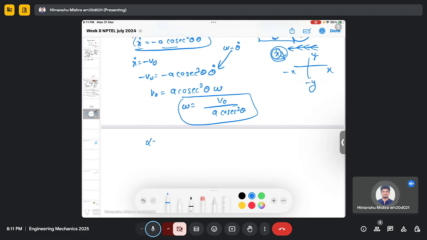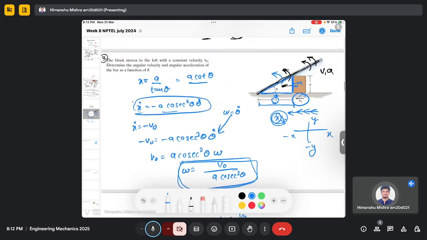Now my angular acceleration is theta double dot or omega dot. Basically if I take the time derivative of this expression for omega, I will get alpha. So alpha will be d omega by dt, which is d by dt of v naught by a cosec square theta.